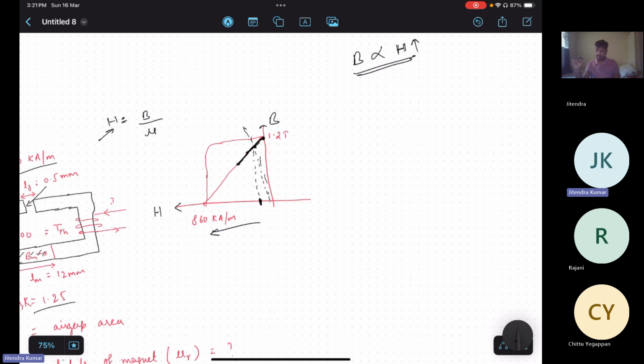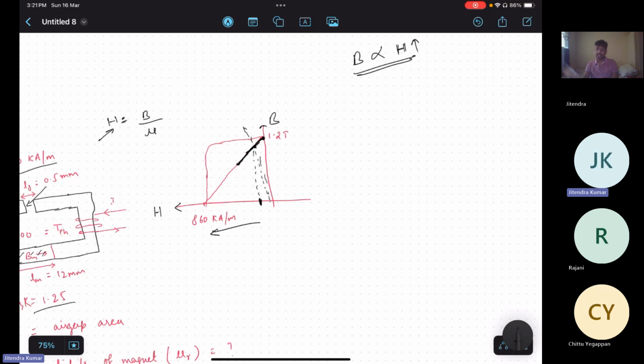So as the loading in the magnetic circuit gets higher, your magnetic flux density is going to reduce or increase? It will decrease, right, sir? It will reduce, exactly.